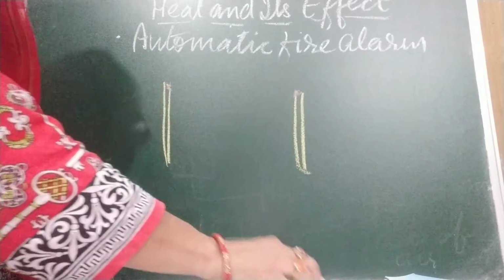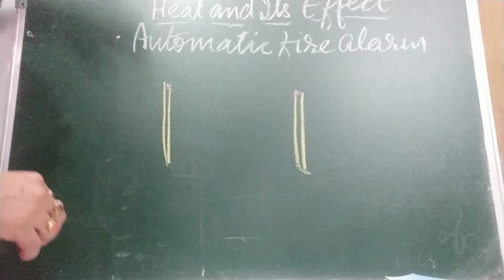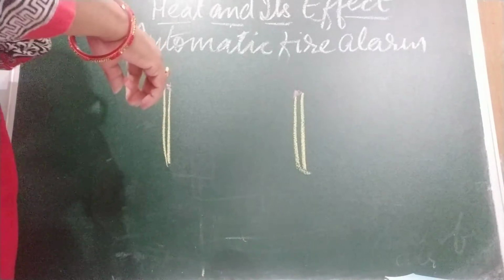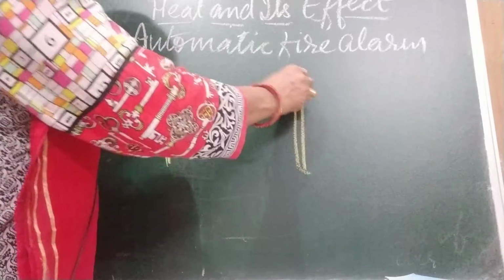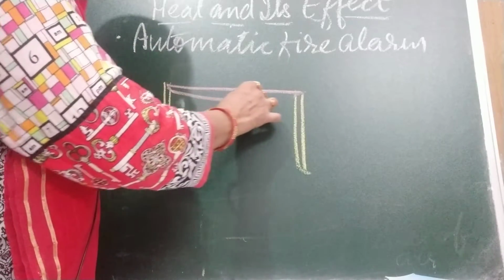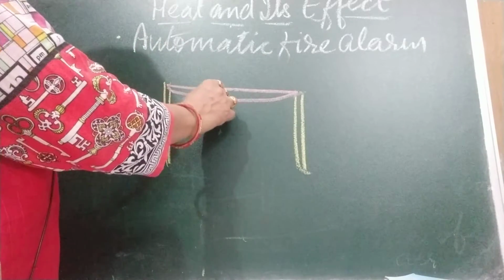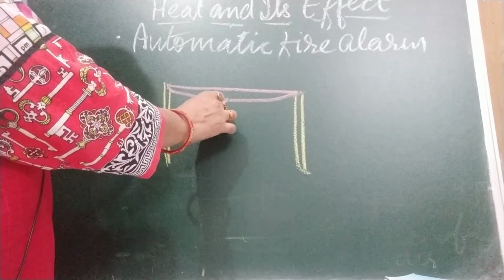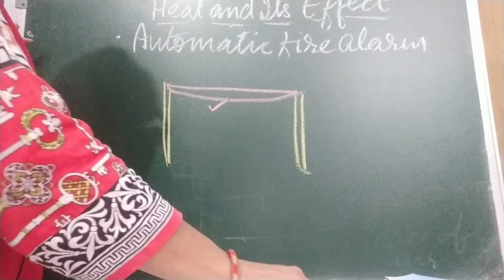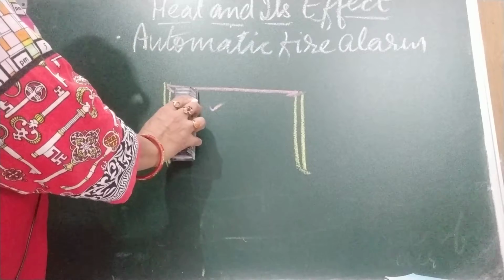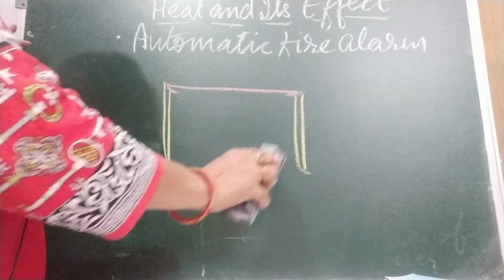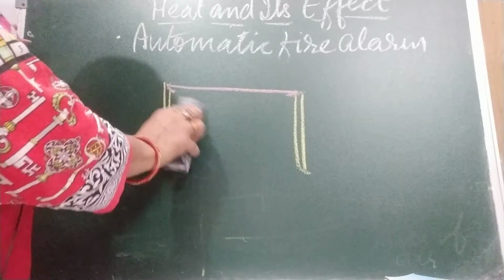If anybody is putting these wires in winter, how are they going to put them, like this or like this? Because in summer if we are putting wires, we are going to put them like this. So again I'm sorry.